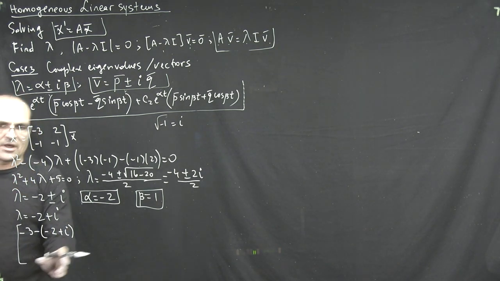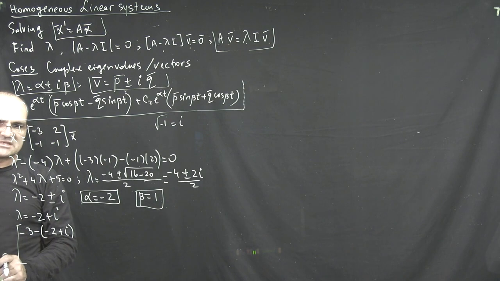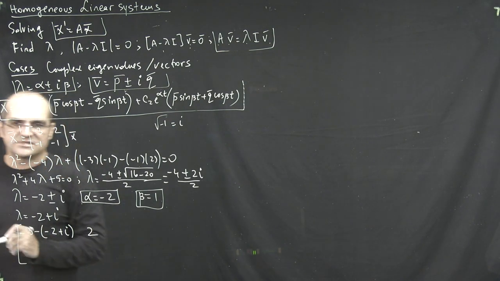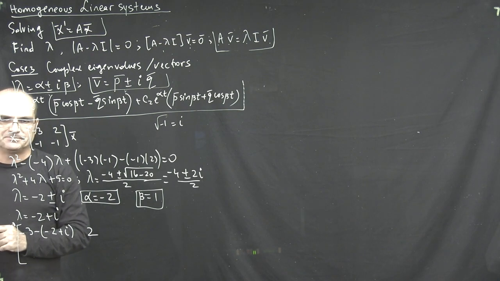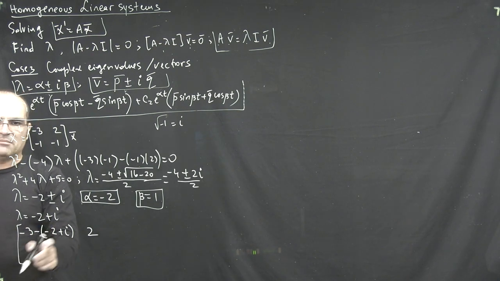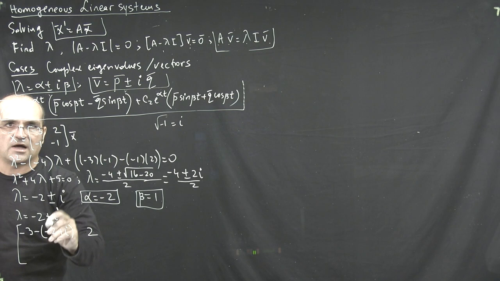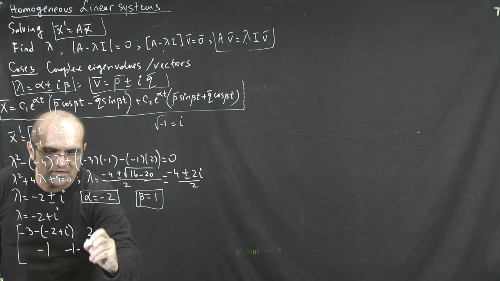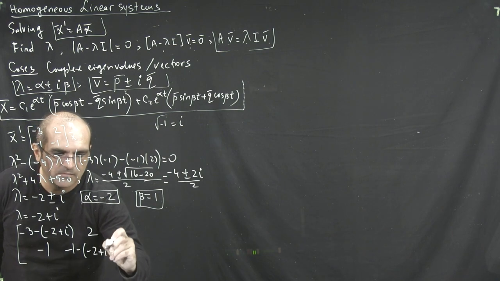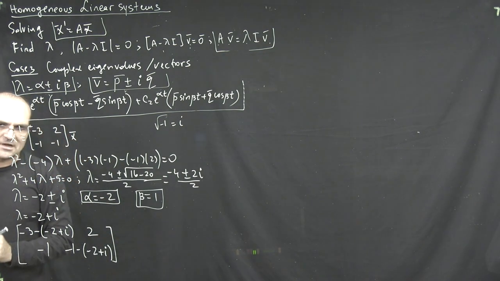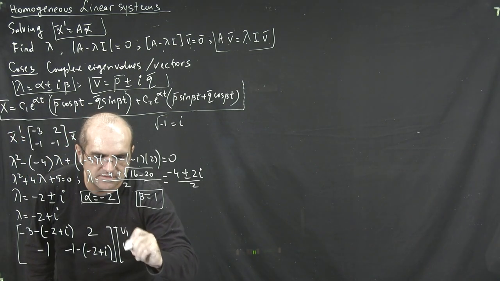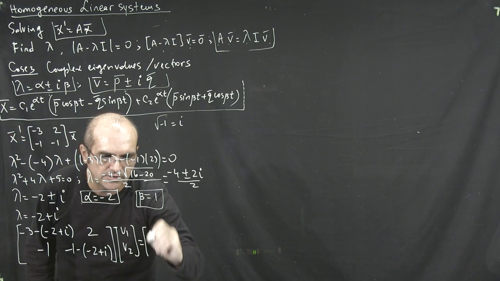So you have to use parentheses here to avoid algebra mistakes, especially since you're not going to see quickly whether the rows are dependent as they should be. Okay, so minus 3 minus negative 2 plus i, then minus 1, and here again subtract from minus 1 minus 2 plus i. And then set up your system to eventually find the eigenvector.